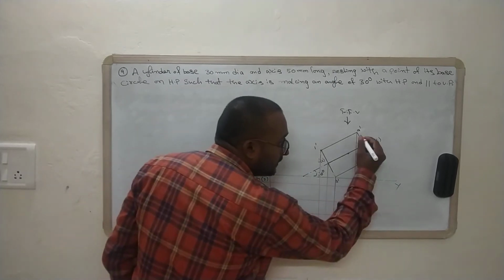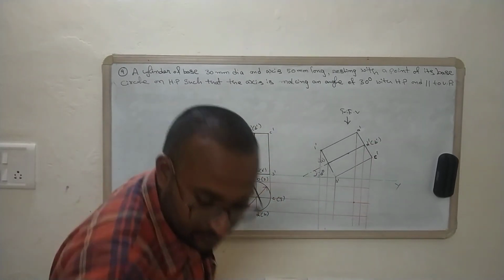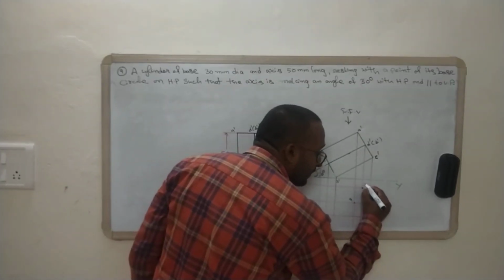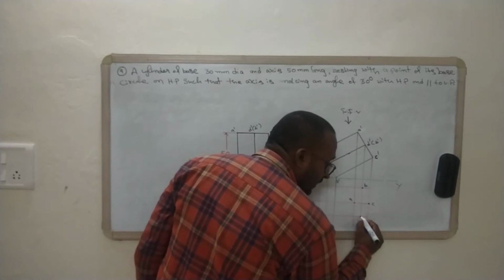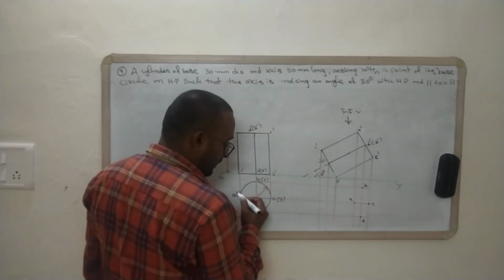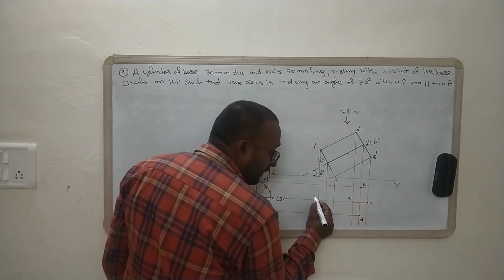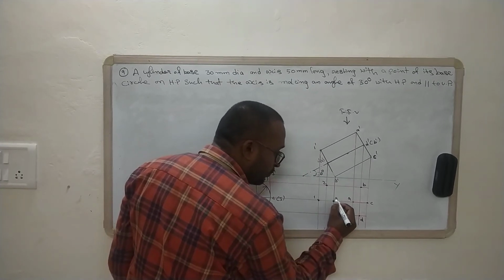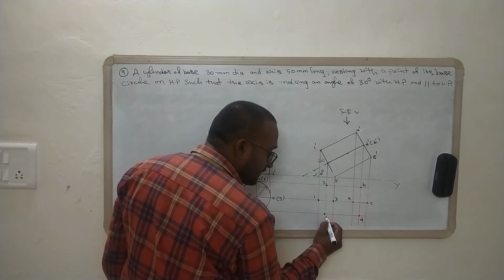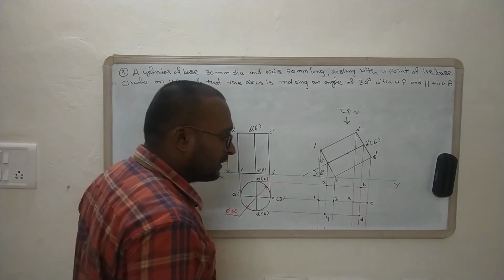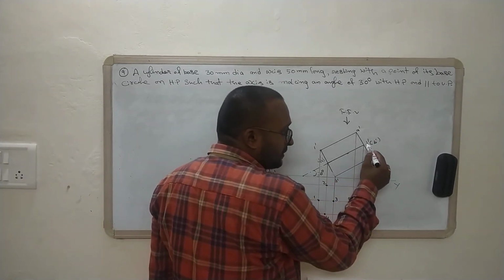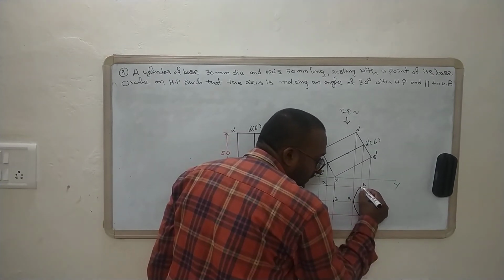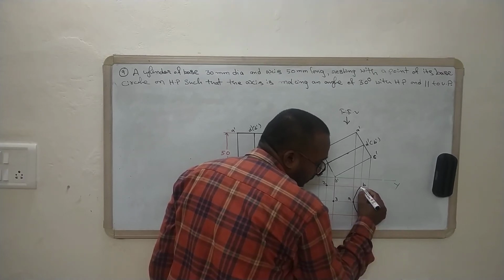Right? Here it is A dash, and the A intersecting point will be A, B, C and D. Here 1, 2, 3 dash, and the 3 intersecting point will be 3, 4 and the 4 dash intersecting point will be 4. Now I said that the top surface will be completely visible, so the top circle will be an elliptical surface.